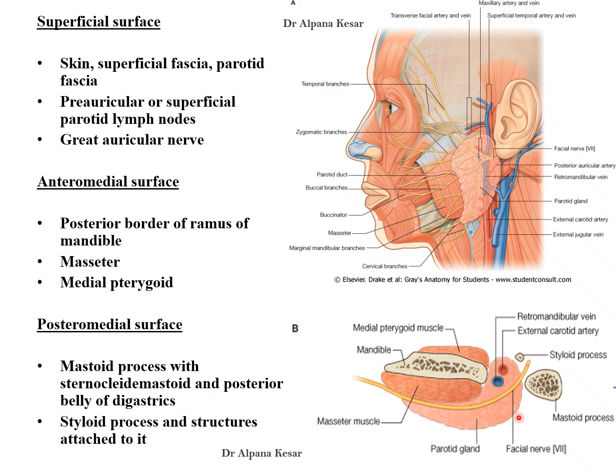The superficial surface of parotid gland is related to skin, superficial fascia, and parotid fascia. It is also related to preauricular or superficial parotid lymph nodes and great auricular nerve, which is a sensory nerve that innervates the skin over the parotid region.